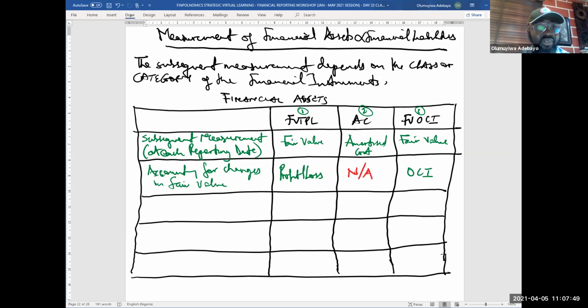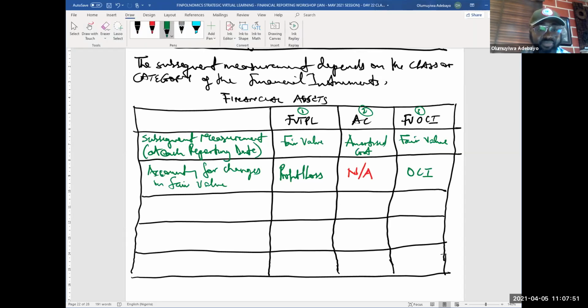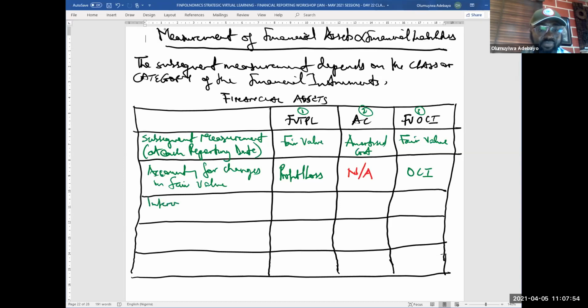How do you account for interest income in the financial assets? You recognize it in any of the instances through profit or loss.